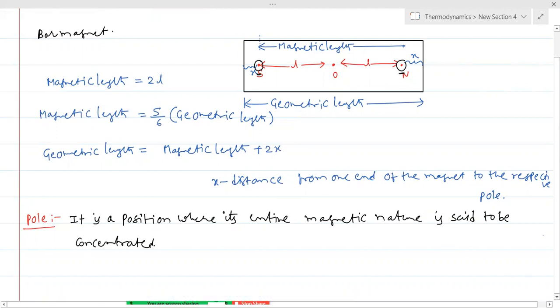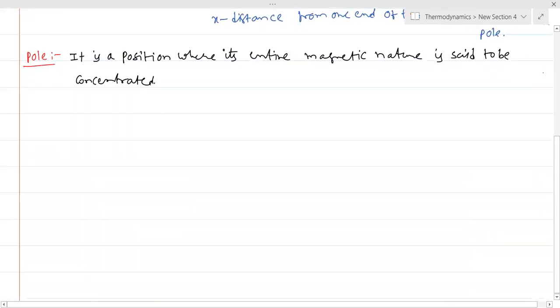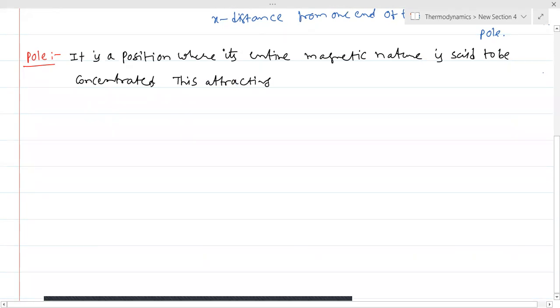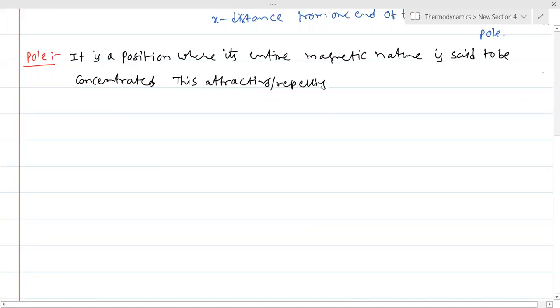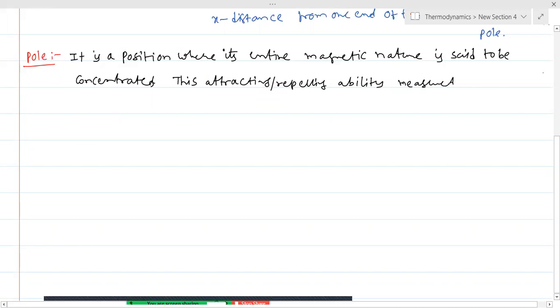So we are calling that a pole, and its attracting or repelling ability is measured in terms of pole strength.